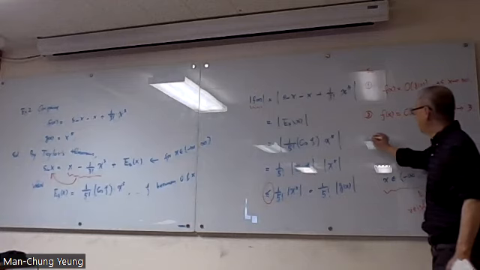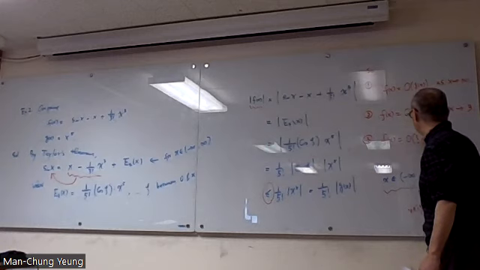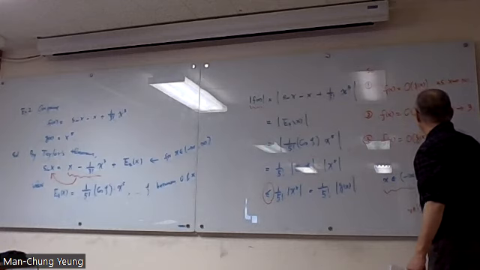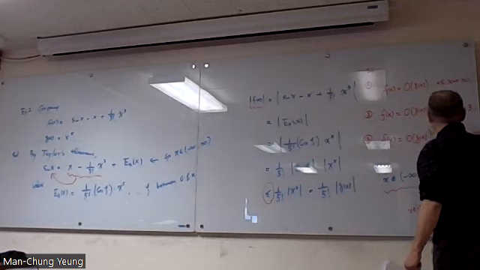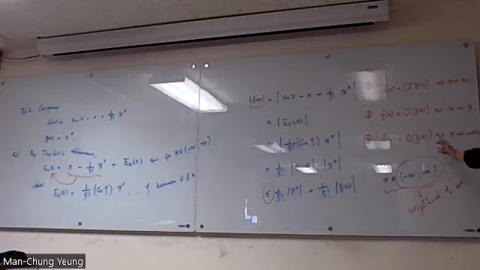And also I can say that function f is big O of g as x approaches negative infinity, if I view this interval as a neighborhood of negative infinity.